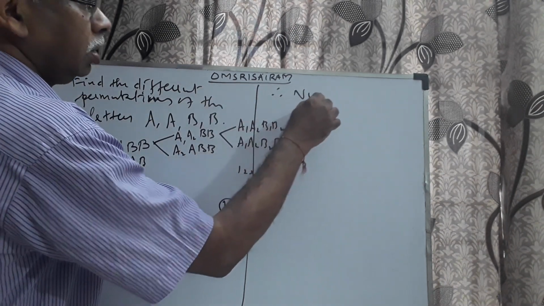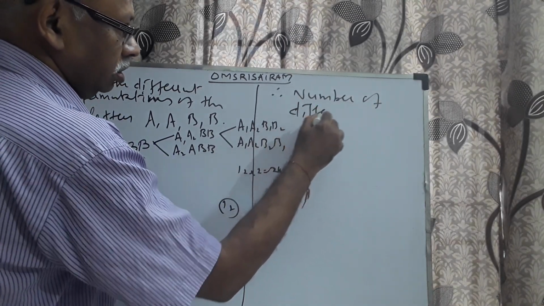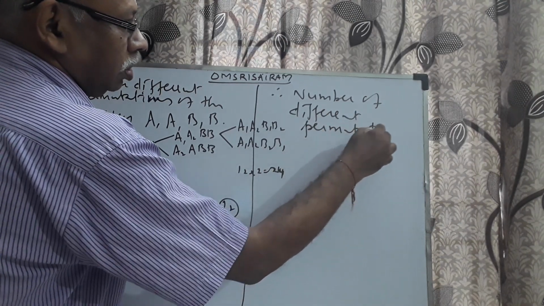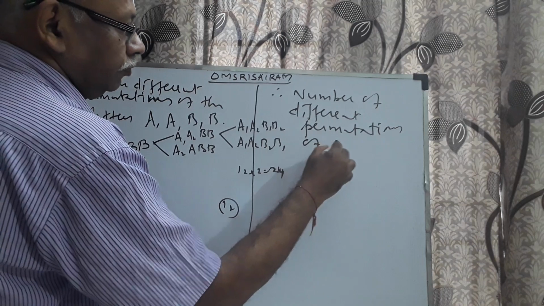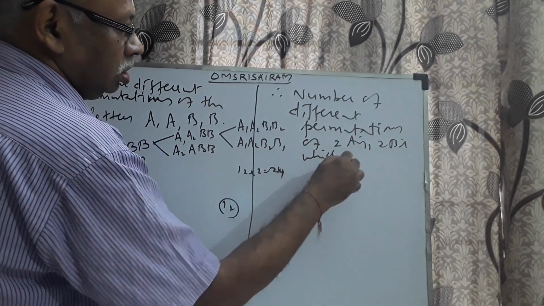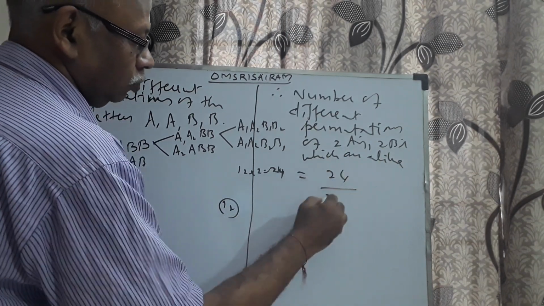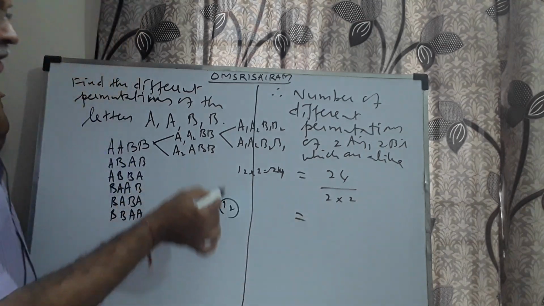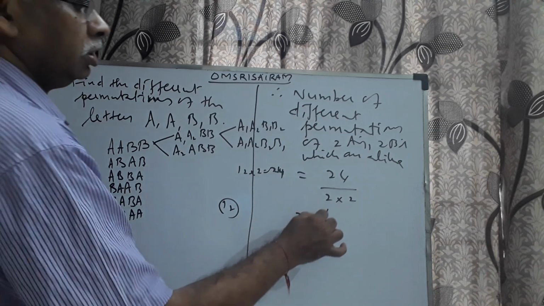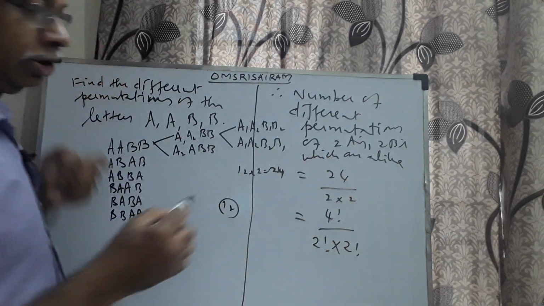Therefore, the number of different permutations of two A's and two B's which are alike can be written as 24 by 2 into 2. 24 by 2 gives you 12. 12 by 2 will give you 6. This is equal to 4 factorial by 2 factorial into 2 factorial.